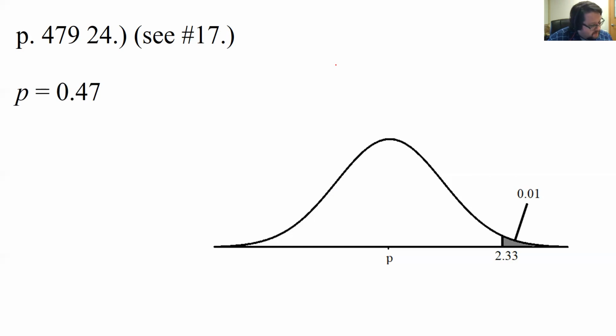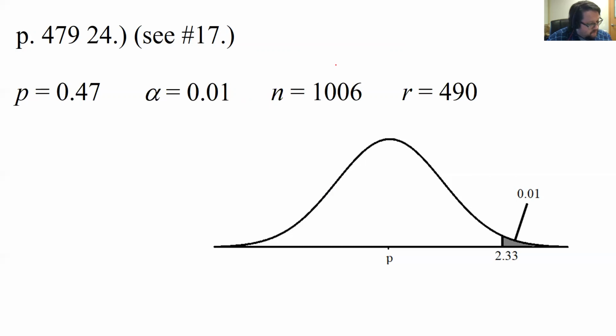Suppose Chevrolet did a study of a random sample of 106 Chevrolet owners. So N equals 106, and found that 490 of them would buy another Chevrolet. Does this indicate that the population proportion of consumers loyal to Chevrolet is more than 47%, or 0.47? Okay, and then use that alpha value of 1%.